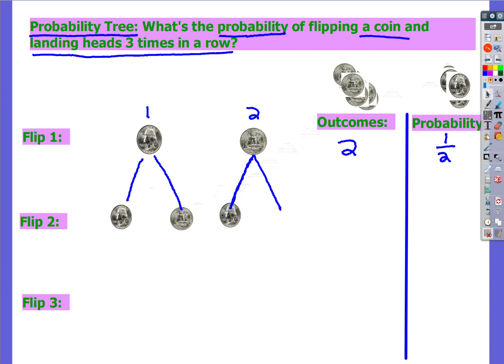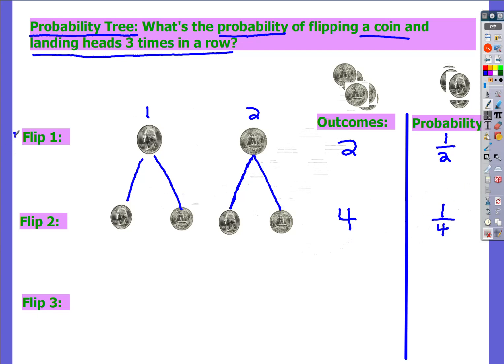We're just tracking all our outcomes. I could go tails, heads, and I could also go tails, tails. So we count all our outcomes: heads, heads; heads, tails; tails, heads; or tails, tails. So I've got 4 outcomes. And if I look at just the outcome of flipping heads twice, it's really just this path right here. So 1 out of the 4 pathways leads to the outcome I want, 2 consecutive heads.